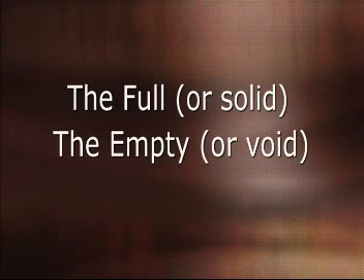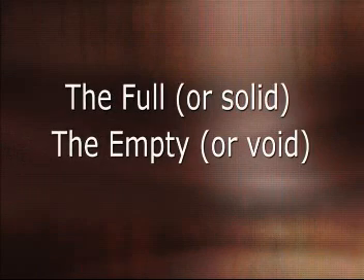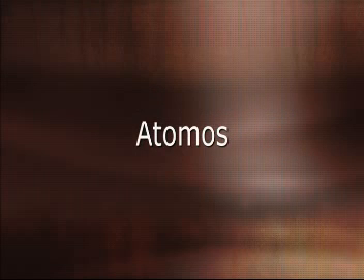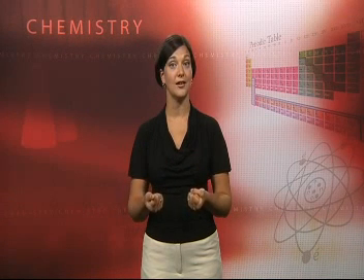Democritus developed the theory that the universe is made up of two distinct elements, the full, or solid, and the empty, or void. He referred to these distinct elements as atomos, meaning indivisible. Democritus believed that these atomos were unbreakable components of matter, and that, together, they form the constituents of everything.